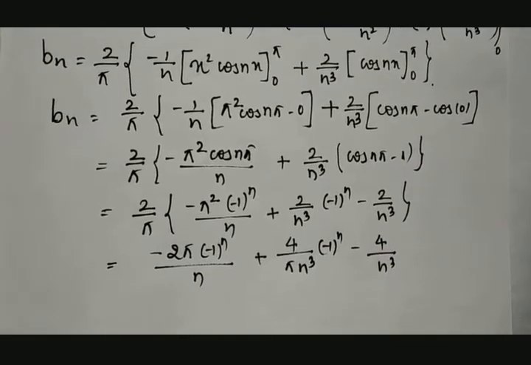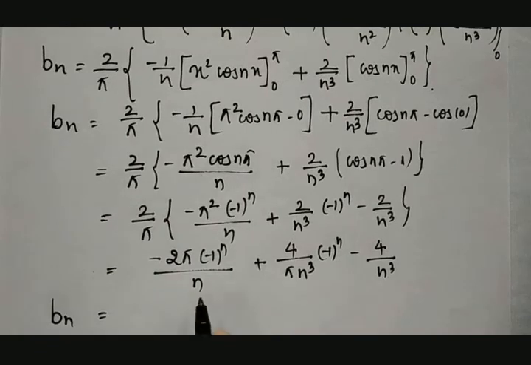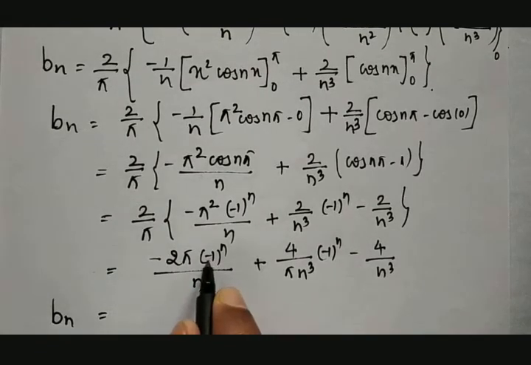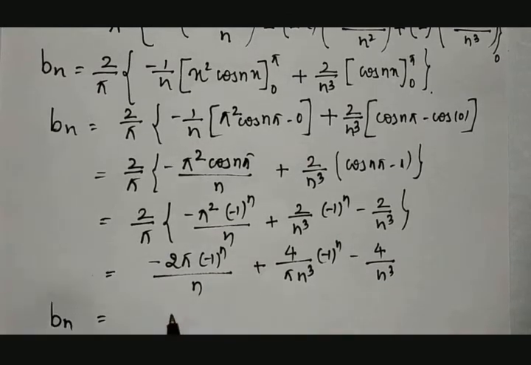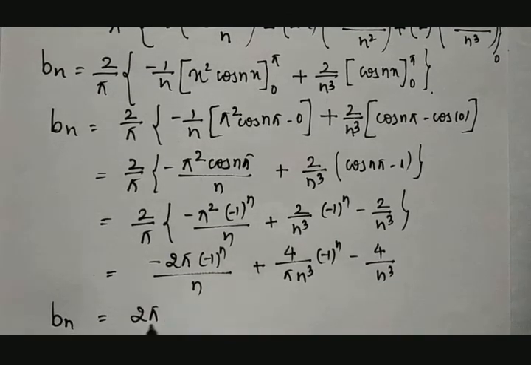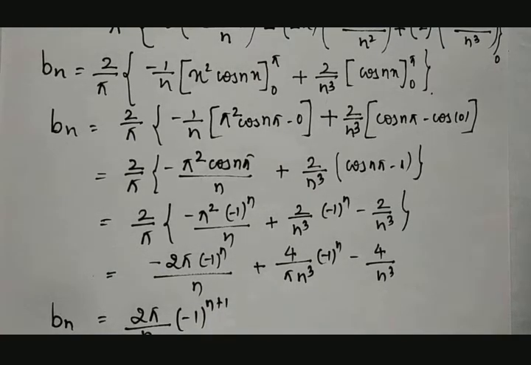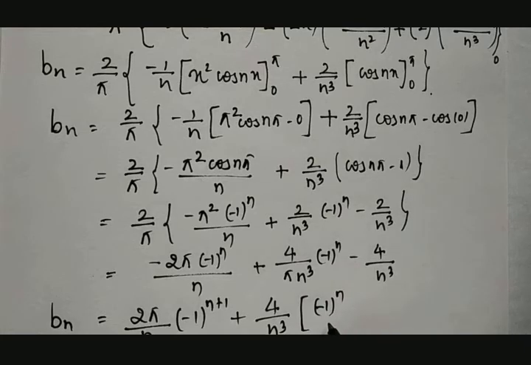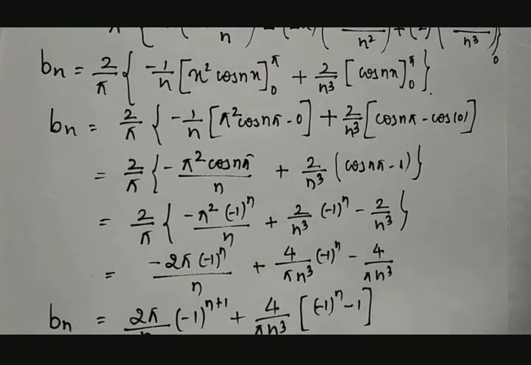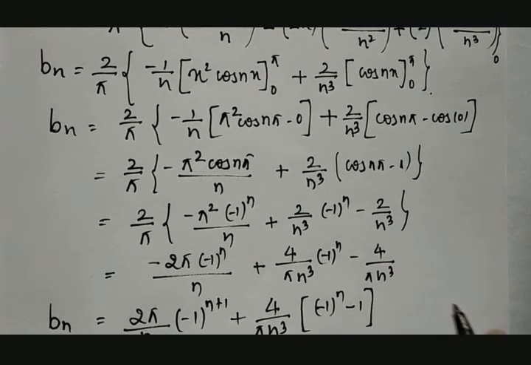Similarly, bn is equal to, to avoid this minus we take minus 1 raised to 1 into minus 1 raised to n, then it becomes 2 pi divided by n into minus 1 raised to n plus 1, plus here if you take 4 divided by n cube common, then inside the bracket we will be getting minus 1 raised to n minus 1, here again pi will be taken common, minus 1 raised to n minus 1.